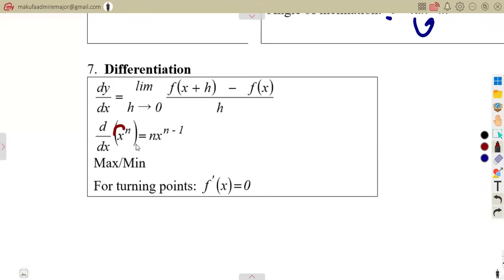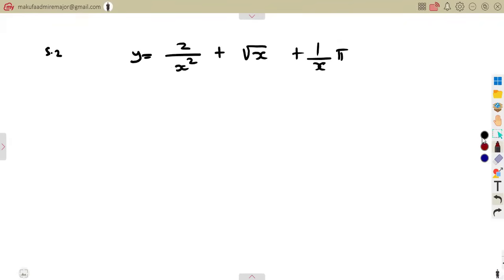So what you're given here is the format of whatever that you must find its derivative. It must be of x raised to a certain power, x raised to a certain exponent. So in this case, is it what we are having here? No, this is a fraction. It's in the denominator. So let us bring this on top. How can we write this on top?